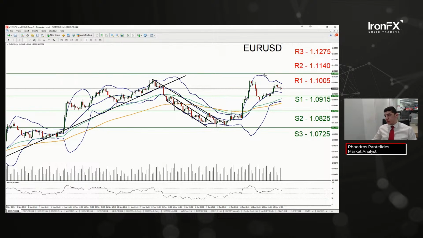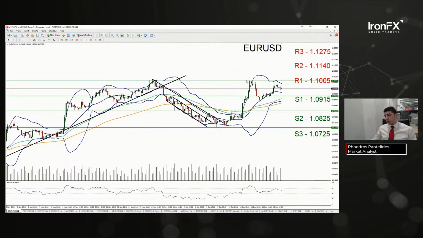Then for resistance, we take this recent high. It failed to break above, as you can see, and was validated at a previous point in time as well, the 29th of November. So previous high tested, failed to break above, potentially validating this as a resistance level. So we could have R1.